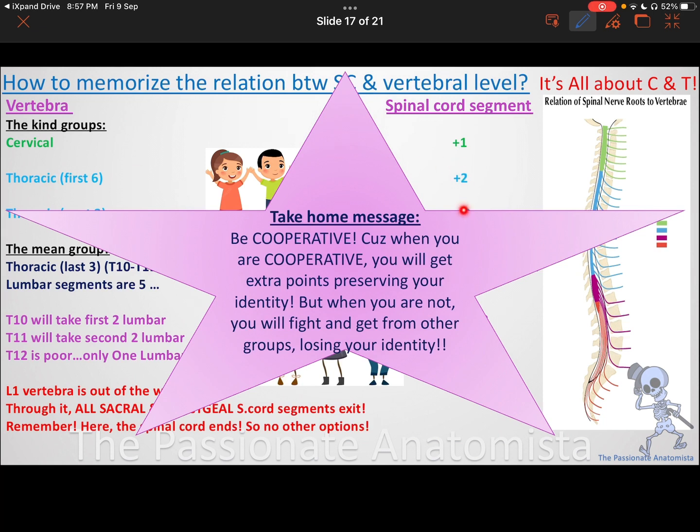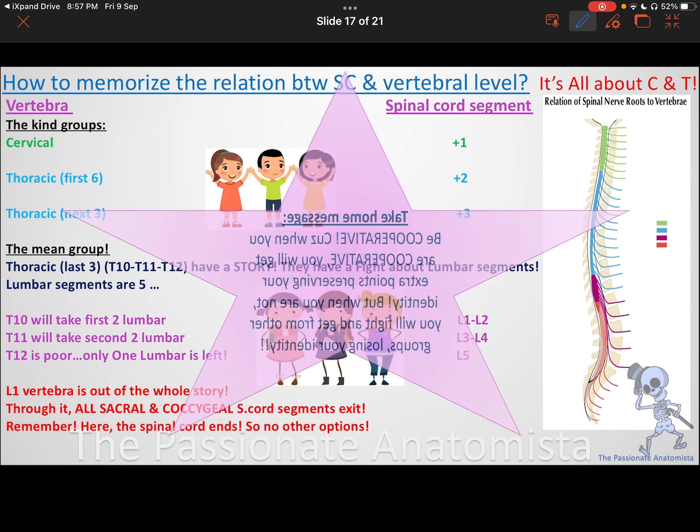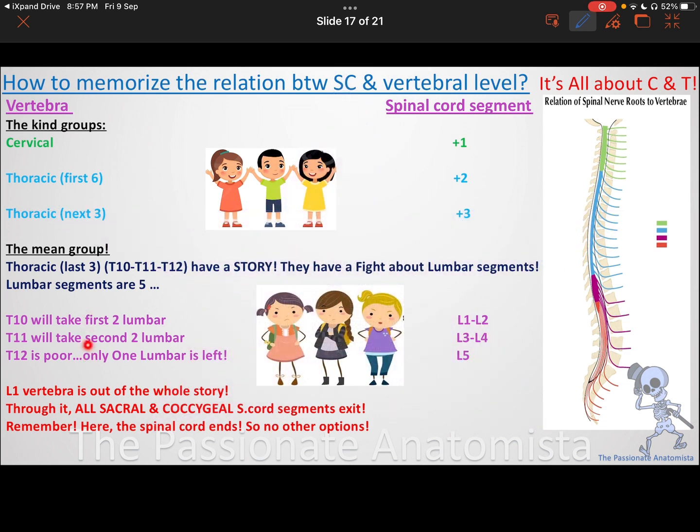Thoracic, then thoracic. You just add extra points. But if you are not cooperative, you will fight and get from other groups, losing your identity. What do I mean by that? I mean that when they are not cooperative, they have to take spinal cord segments from the lumbar group. These are the last thoracic vertebrae. And regarding L1, it will take the rest of the spinal cord segments.